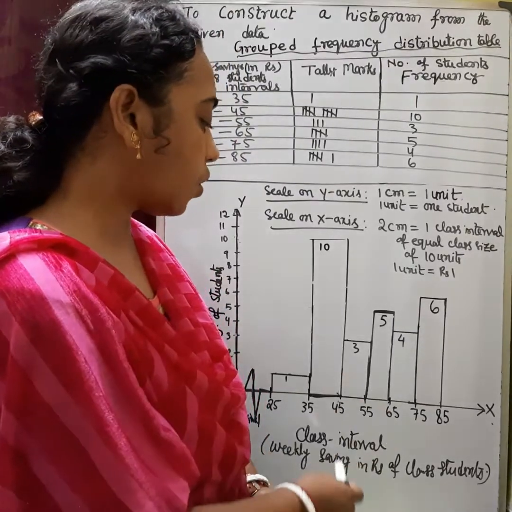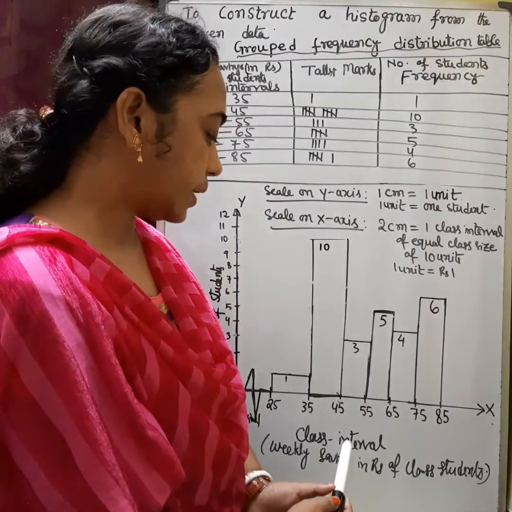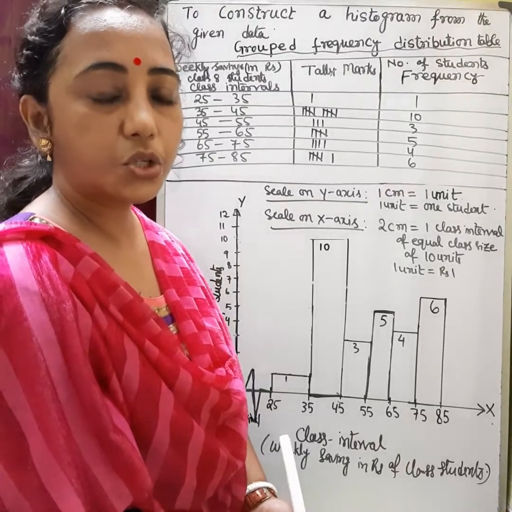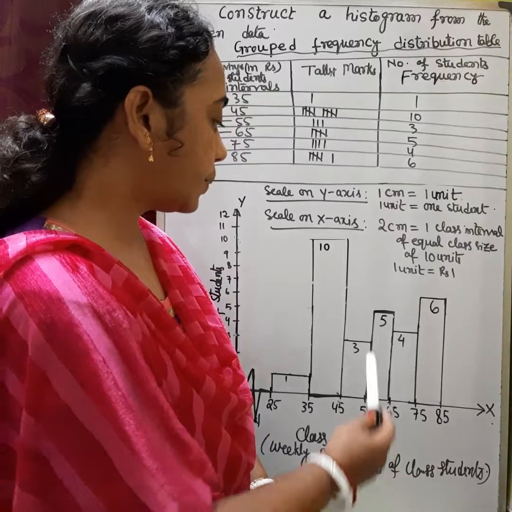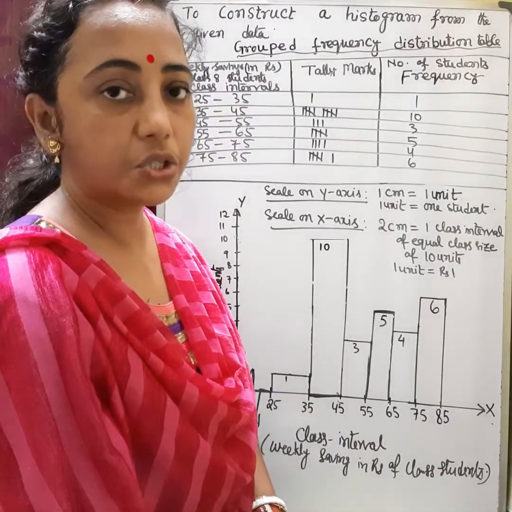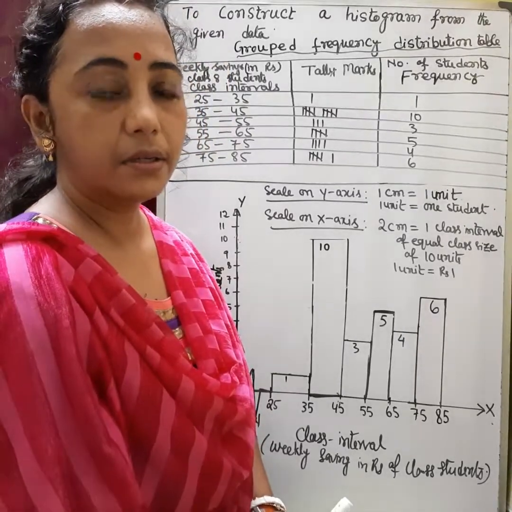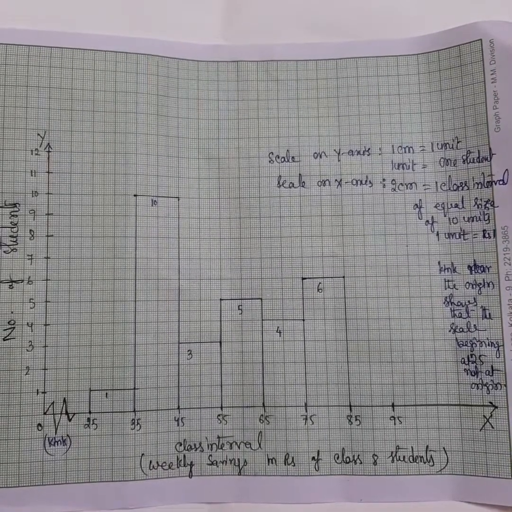So this is all about the given question, to construct a histogram, which is the required histogram. We can show this easily with the help of graph paper because on graph paper the lines are already there. With the help of a scale we can easily draw the lines to make the rectangles. Now look at this graph paper.